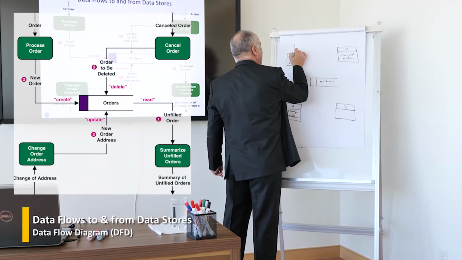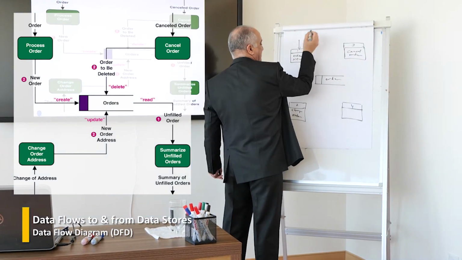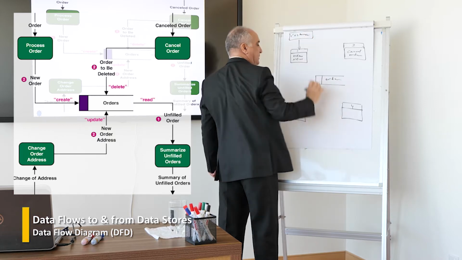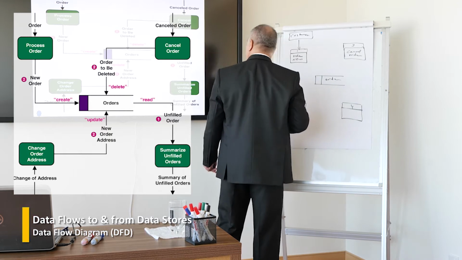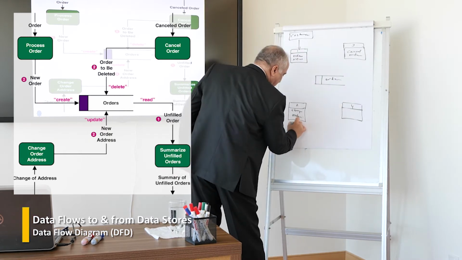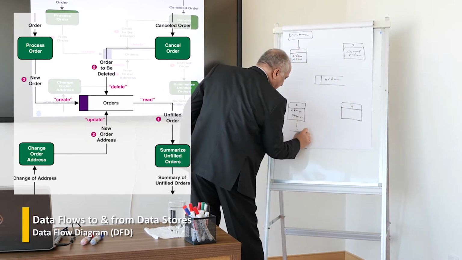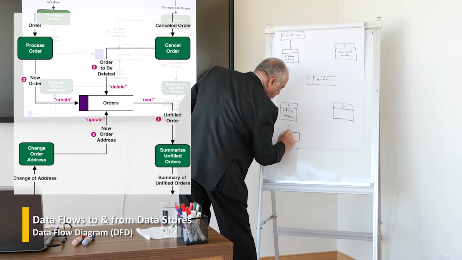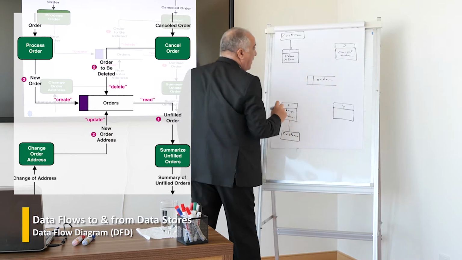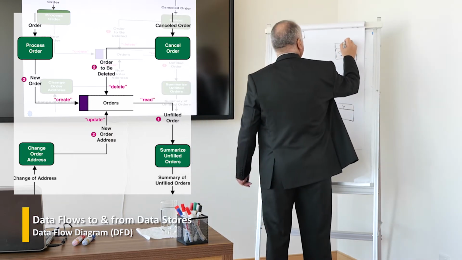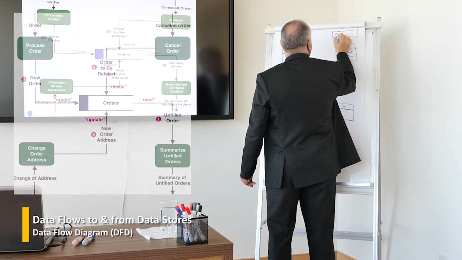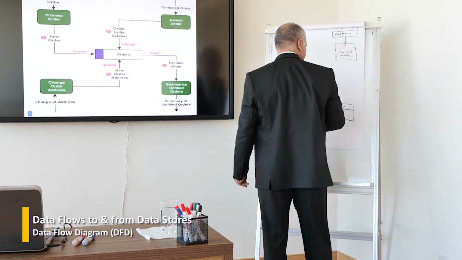This is the external entity. So here is the customer. Again, who is going to initiate this external entity? In this case it is also the customer. And here, who is the external entity going to initiate this? In this case is the customer.